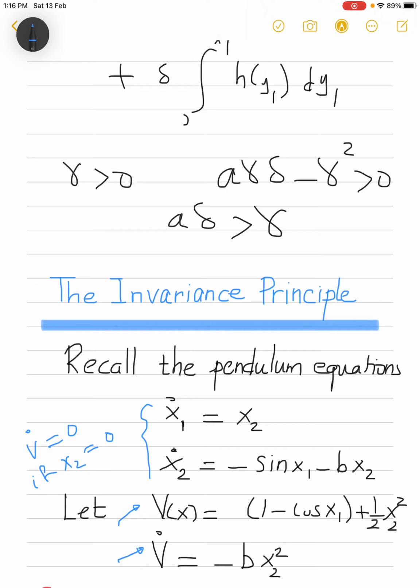The acceleration is x2 dot, and in that case, if we put x2 dot equal to 0 and x2 equal to 0 in the second equation here, then we'll get x1 equal to 0 as well, and that's of course in the range of x1 between minus pi and pi.